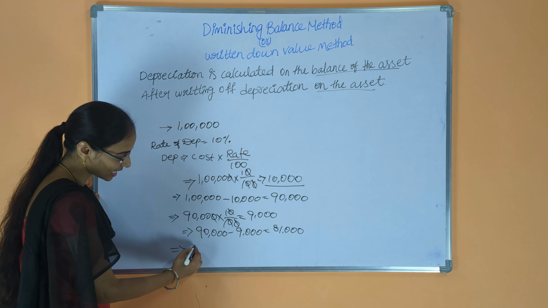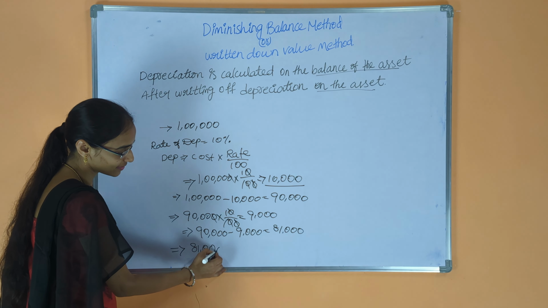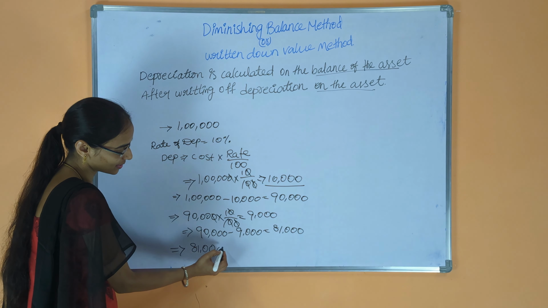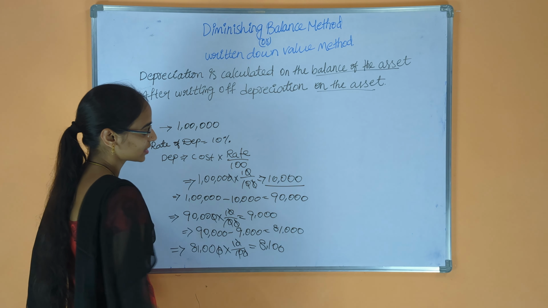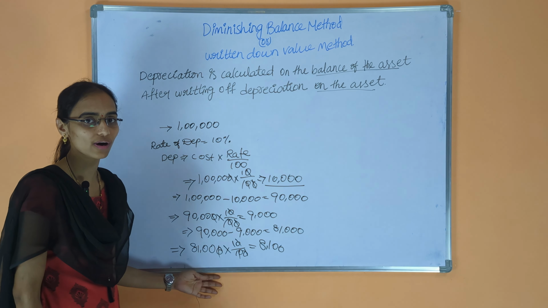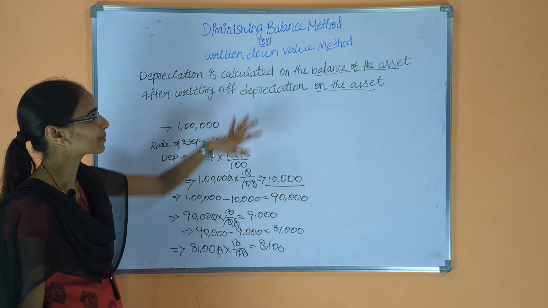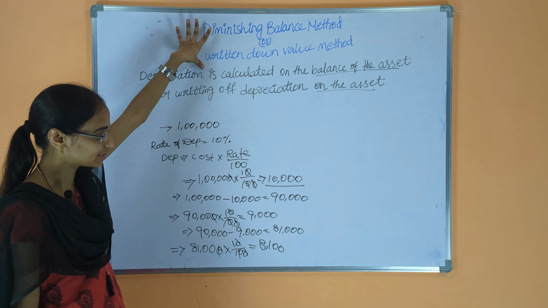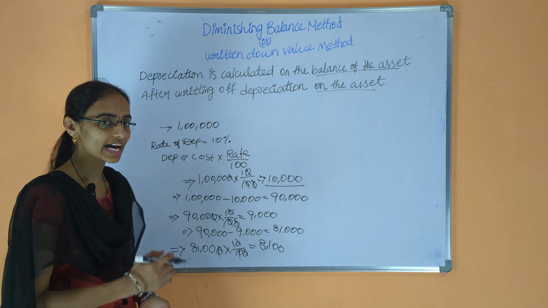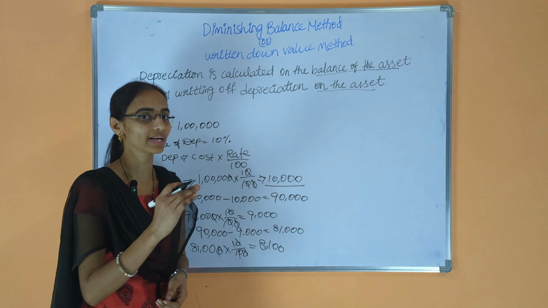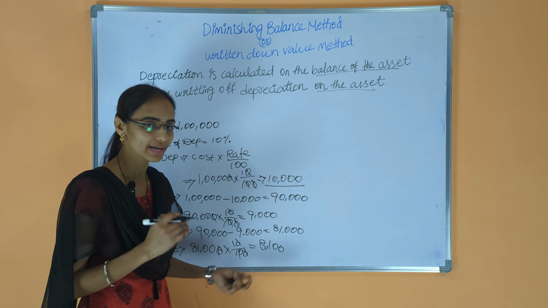For the third year, depreciation is calculated on 81,000 into 10 by 100, which is 8,100. This is the process of calculating the depreciation amount in the written down value method. Every year the depreciation changes. When the asset grows older, the depreciation amount will be less.